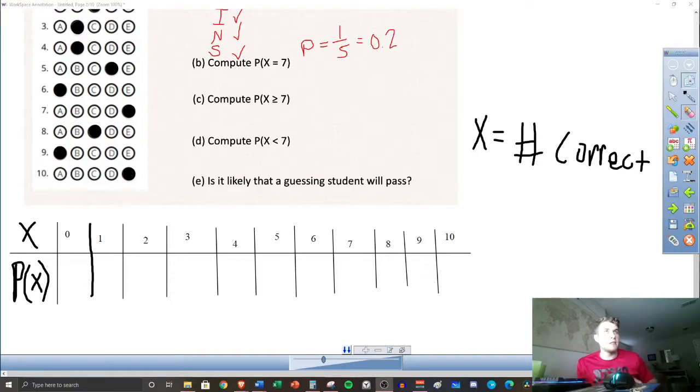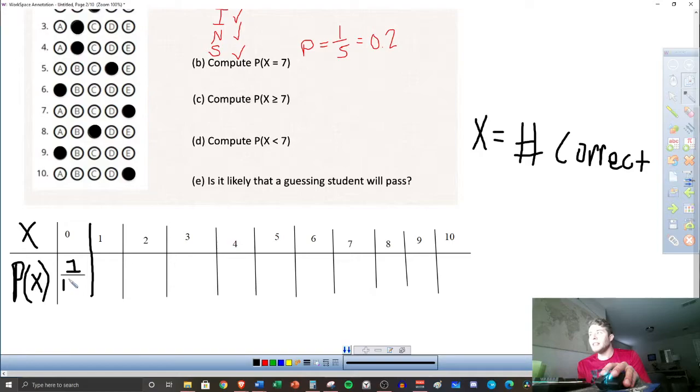Okay, so we have these. This is what I've got so far set up. Now, we don't want to do this yet. We do not want to put one combination here. So if you get none right, obviously there's one combination to where you're getting none of them correct, but it's not the same as what we had with the coin flip, 1 out of 1,024, because it's not even probabilities.